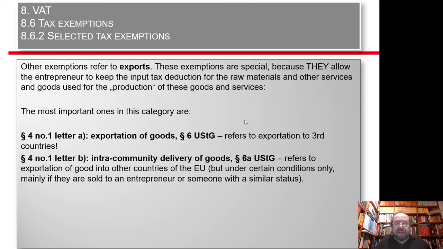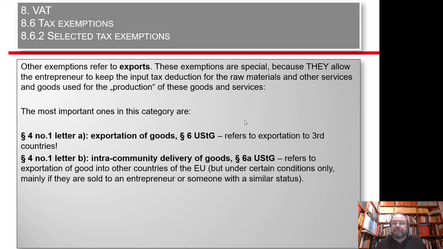So the main thing which you should remember is, within the EU, private persons can cross the border without declaring what they bring into the other EU state. Within the EU, you only get a tax exemption for an intra-community delivery if, in most cases at least, your customer is an entrepreneur.